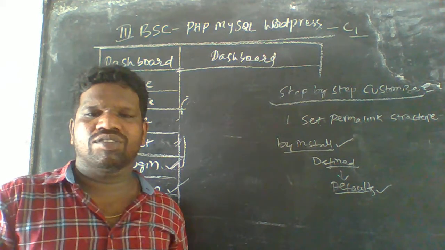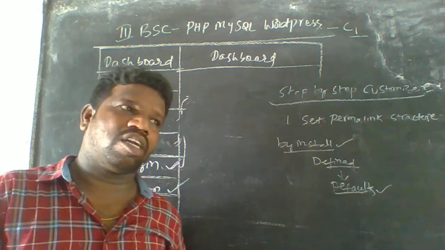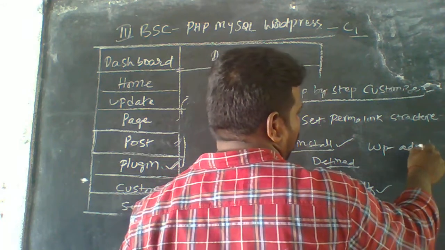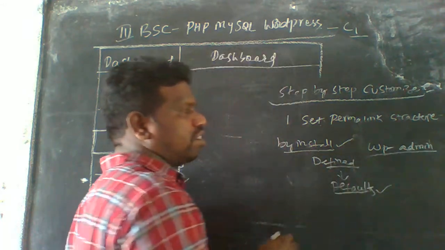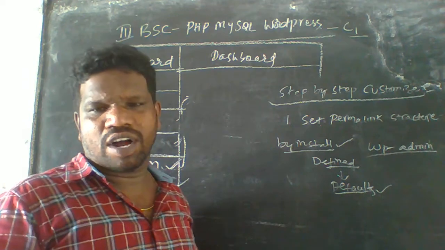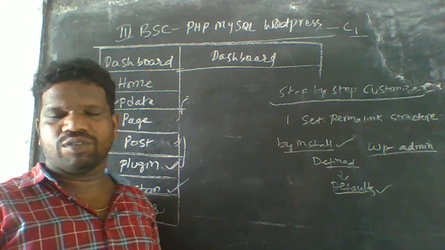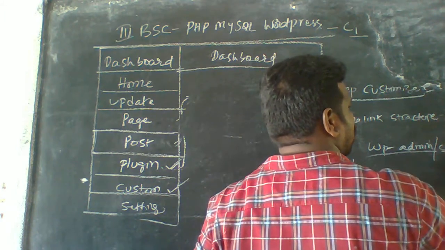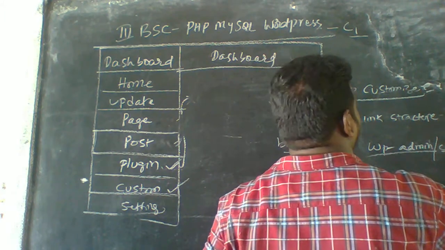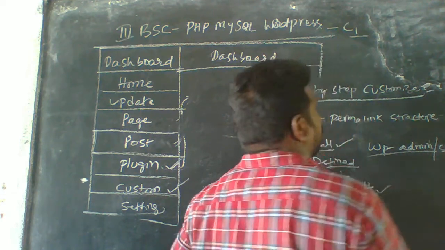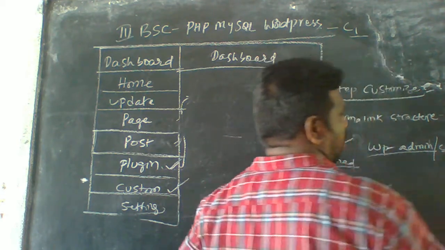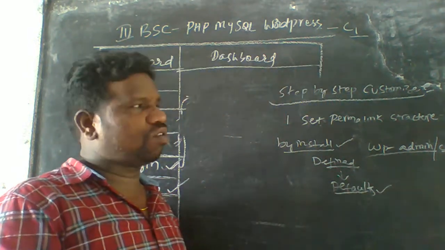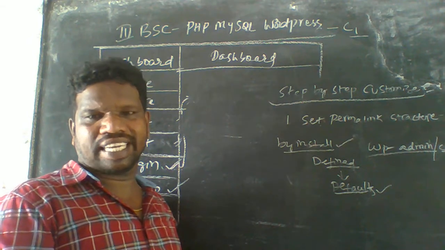So if you go to wp-admin, then settings, and permalink settings, you will see the permalink settings available here.